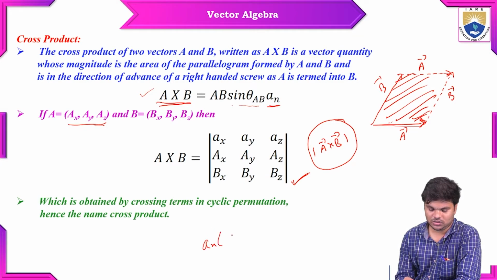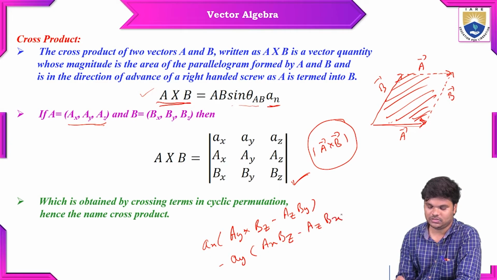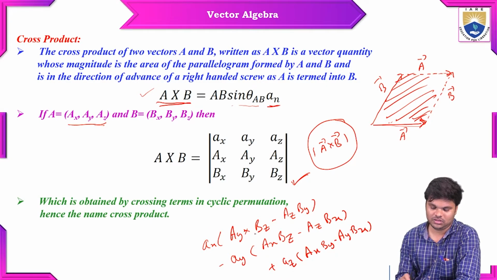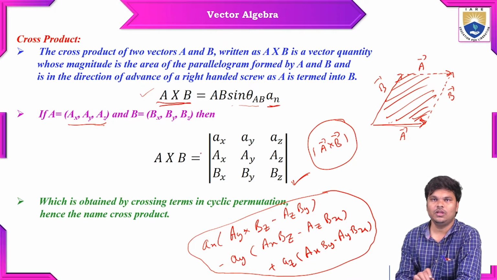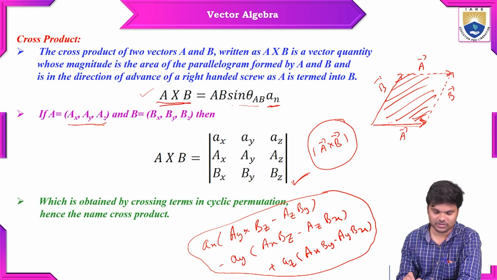AX into AY BZ minus AZ BY, and minus AY into AX BZ minus AZ BX, plus AZ into AX BY minus AY BX. This is the result of this cross product of two vectors A and B, right?